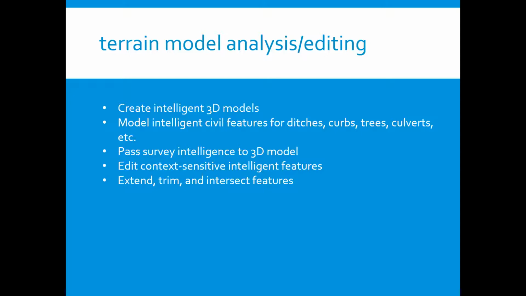The software will model intelligent civil features for ditches, trees, culverts, and so on. Pass survey intelligence to the 3-dimensional model. Add context-sensitive intelligent features, extend, trim, and intersect features.